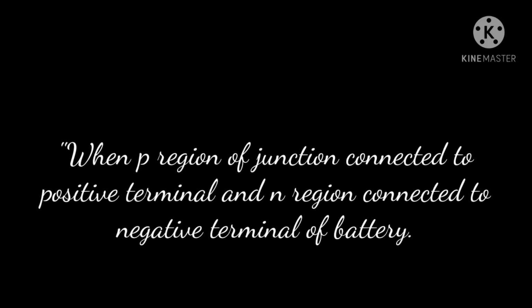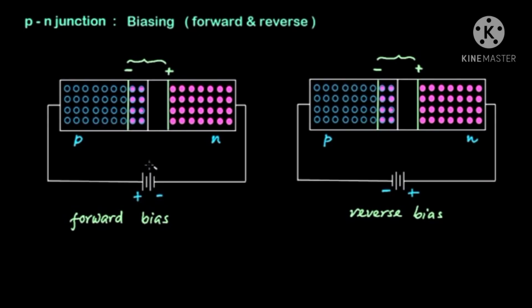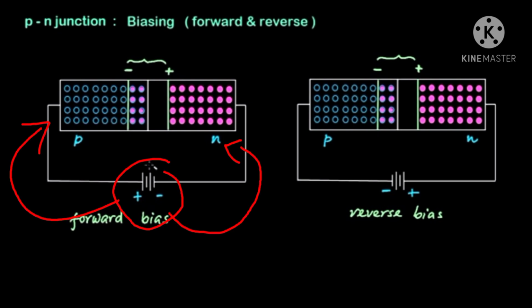Students, we know that a battery has two terminals, positive and negative. When the P region of a junction is connected to the positive terminal of a battery and the N region is connected to the negative terminal of a battery, then the junction is said to be forward biased. Similarly, in reverse biasing, the P region is connected to the negative terminal of a battery and the N region is connected to the positive terminal.